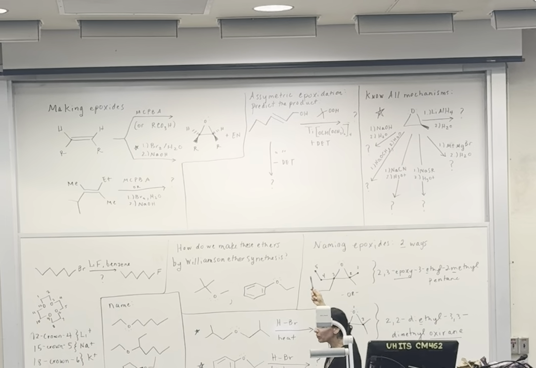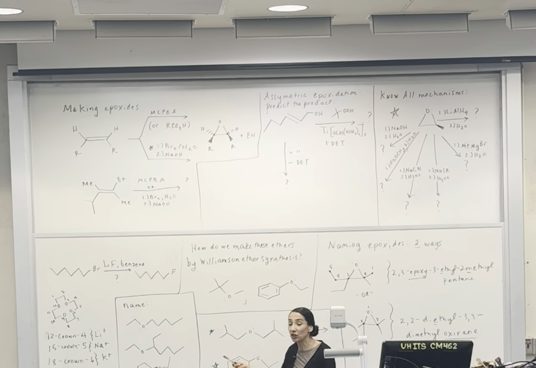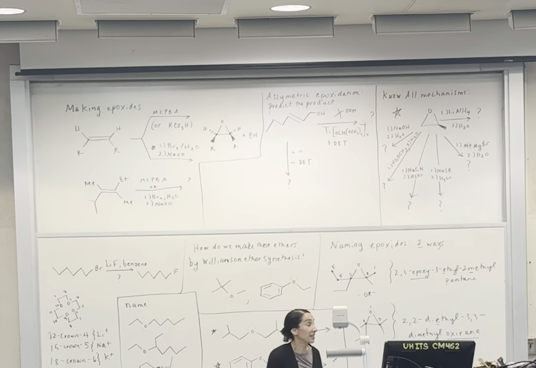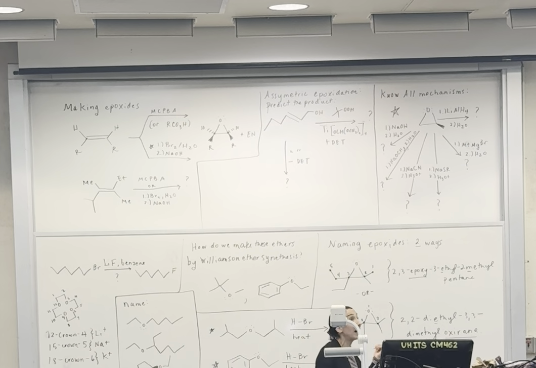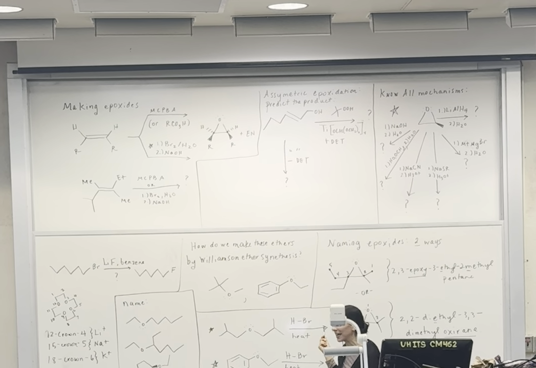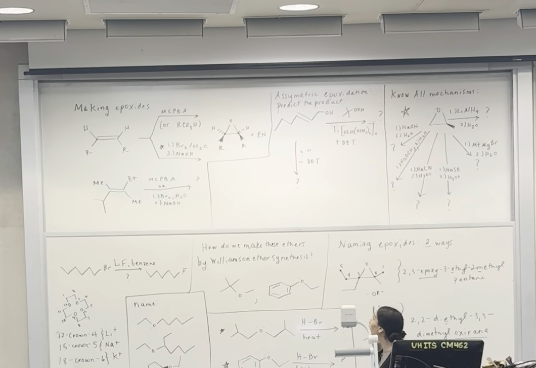So the person who invented this technique invented a way of making 100% pure, okay, just one of the epoxides is going to be formed. And that's why the guy won the Nobel Prize for this reaction, okay? Because epoxides are very useful.